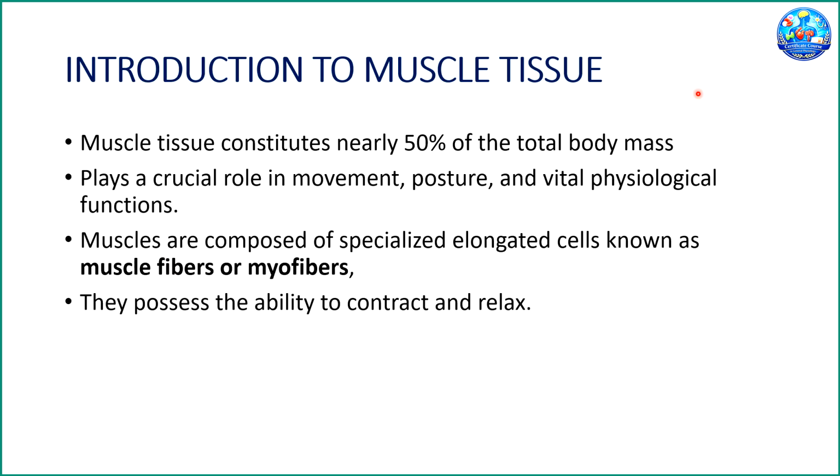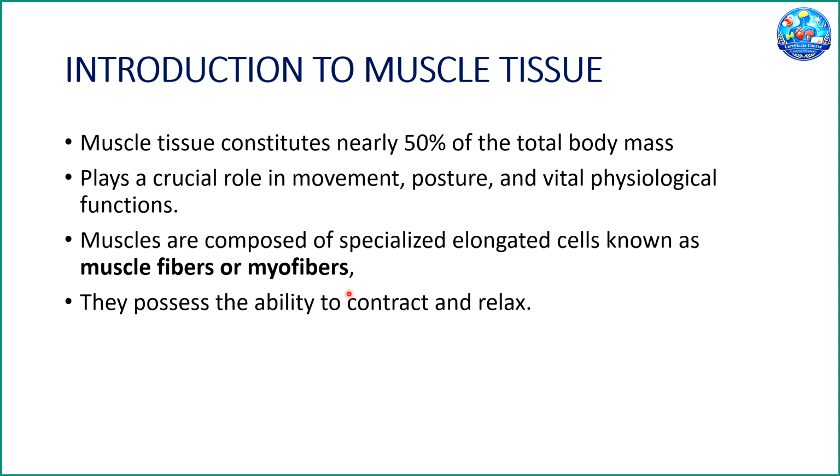Introduction to muscle tissue. The muscle tissue constitutes nearly 50% of the total body mass, and it plays a crucial role in movement, in posture and also vital physiological functions. The muscles are composed of very specialized elongated cells, which we call muscle fibers or myofibers.